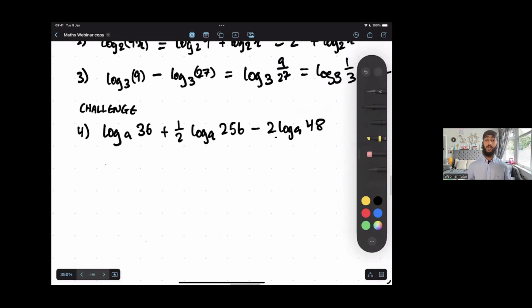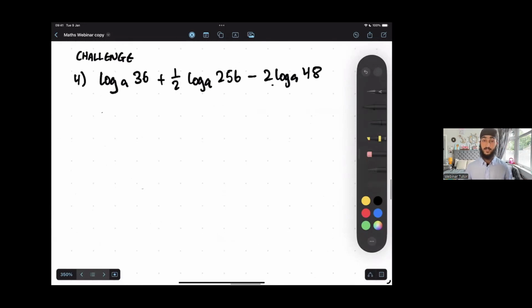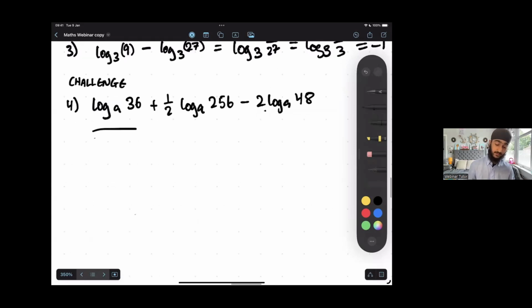Here's a slightly more challenging question now. This contains 3 logarithms, 3 parts of the expression that we'll be simplifying. So let's give this a go. Log base a of 36, we can't really do anything with that yet. What I have noticed though is that there is a half over here, a 1 over 2.